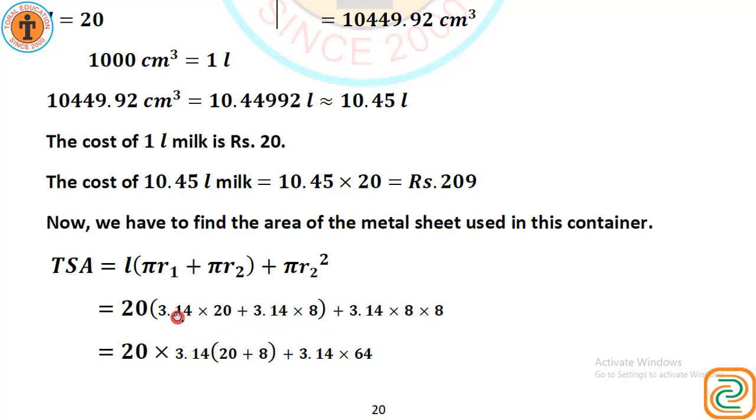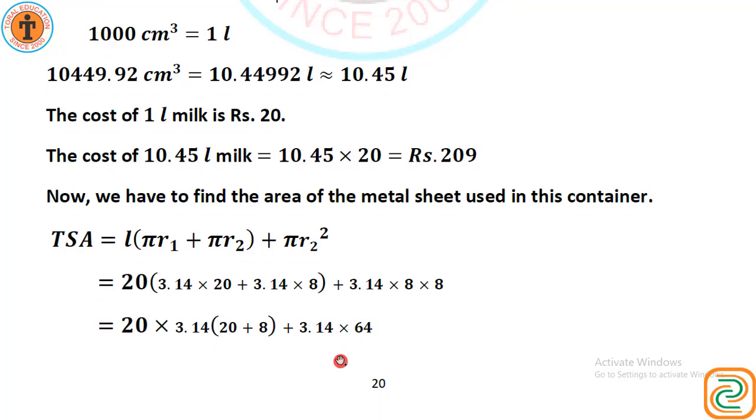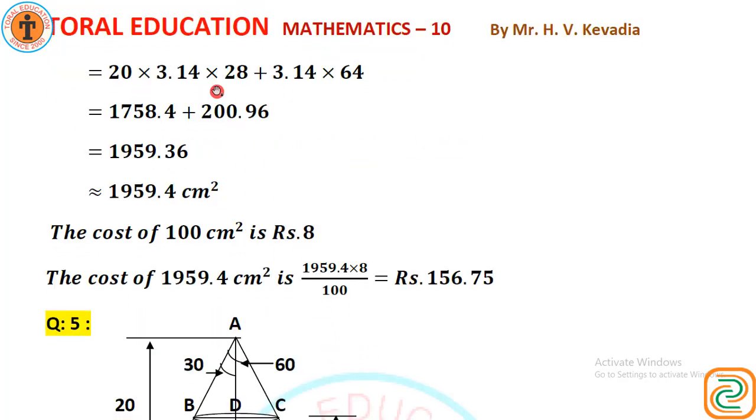So what we have got, pi is common, that is 3.14 common, 20 plus 8, here 8 8s are 64. Now 20 plus 8, that is 28. If we multiply all of this, 1758.4 plus if we multiply all this, we got 200.96, which is 1959.36.